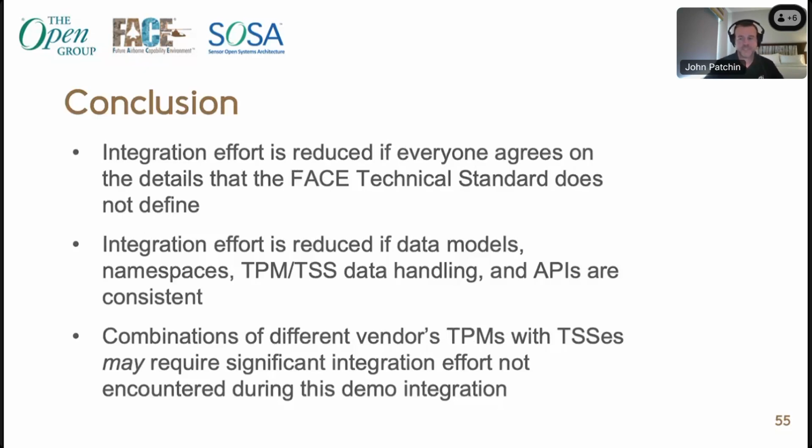As long as all those details are agreed and sorted out beforehand, that will help the integration effort immensely, at least in our experience. Also, make sure you have consistency across all the applications: data models, namespaces, APIs, etc. Ideally, everything would match up and be consistent. However, if there are unmanageable inconsistencies, then they'll just have to be accounted for in some way.